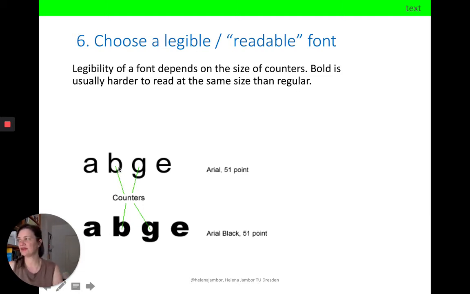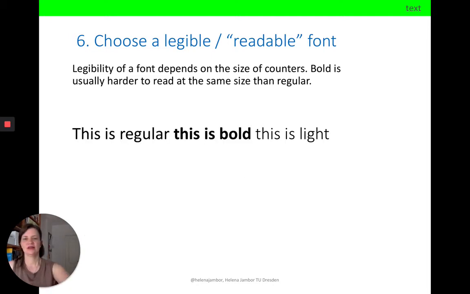So remember that bold text sometimes stands out a little bit more, but if there's a lot of bold text, it's much harder to read than a regular font or a light font.